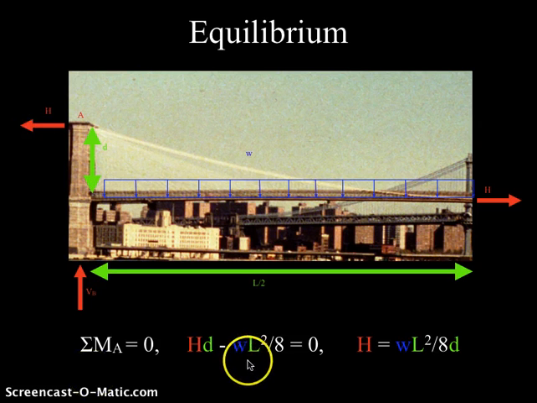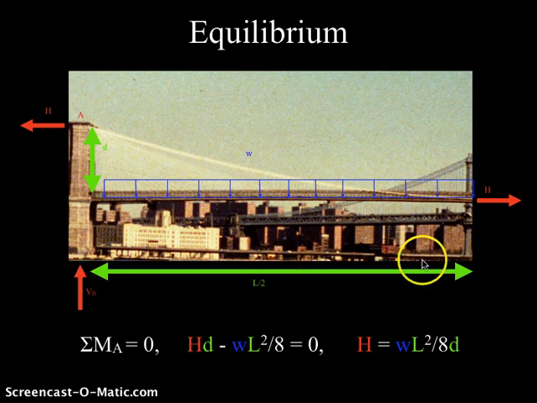The other term here, WL squared over 8, is perhaps a little bit harder to see if you haven't seen these expressions before. But this is essentially the moment generated by the self-weight of the bridge, or the total gravity load, I should say, of the bridge. Self-weight plus live load, traffic, for example. So W is the amount of gravity load acting per foot of span of the bridge.